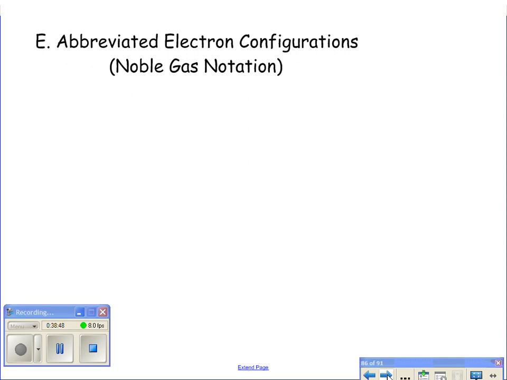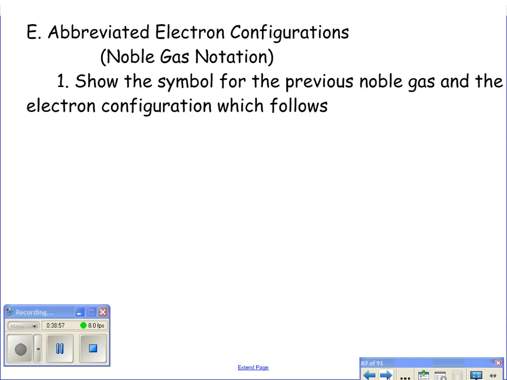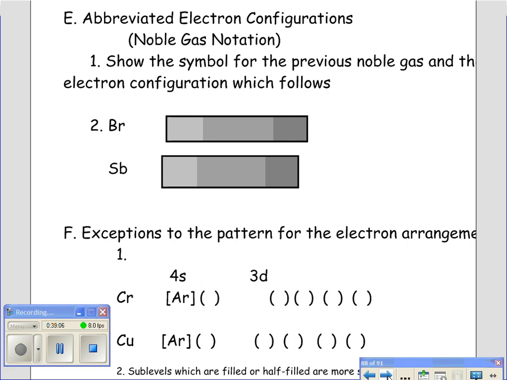You can abbreviate it by using the noble gases, which are the very last column on the periodic table. And you use that by simply putting the noble gas just before the element that you're going to use in brackets, and then you write its electron configuration.